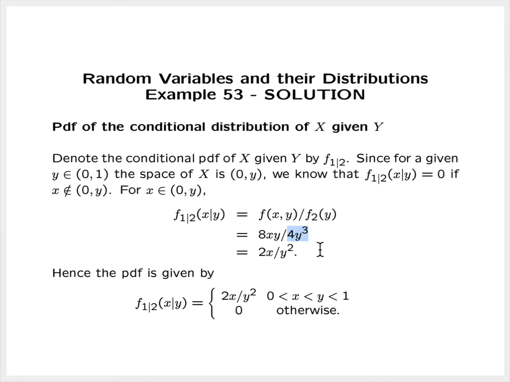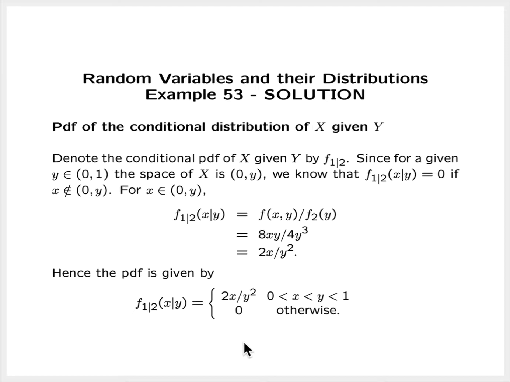And so when we evaluate this, we get 2x over y squared. And so the conditional PDF of x given y is going to evaluate to 2 times x over y squared as long as x and y are both in the unit interval and x is strictly less than y. For any other combination of values of x and y, this conditional PDF evaluates to 0.